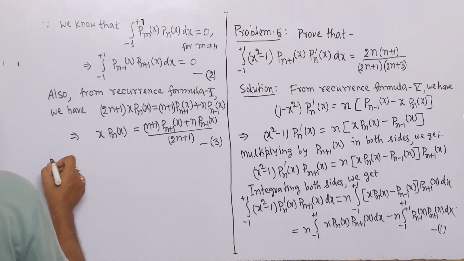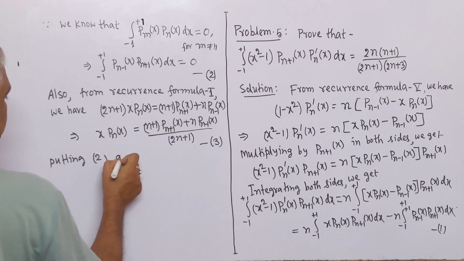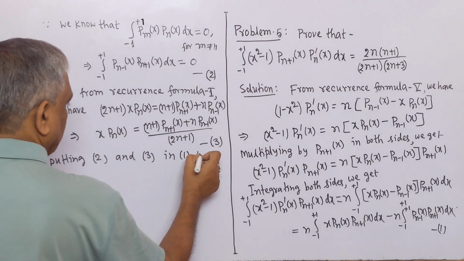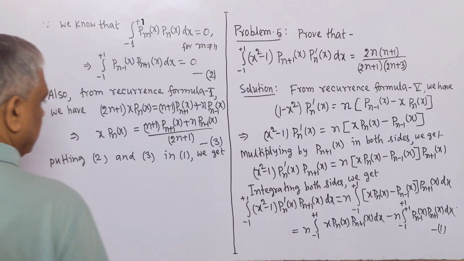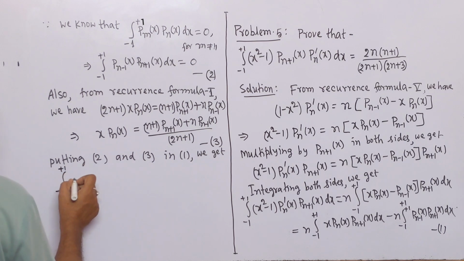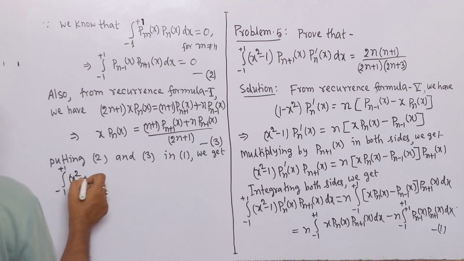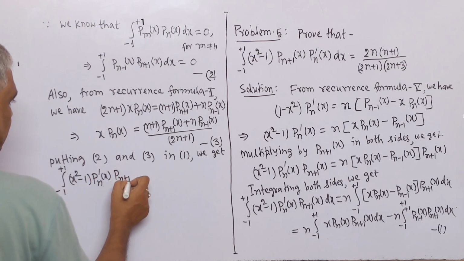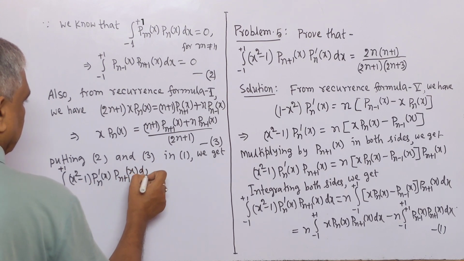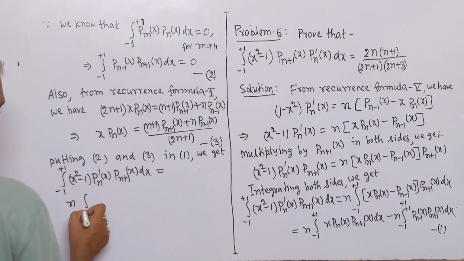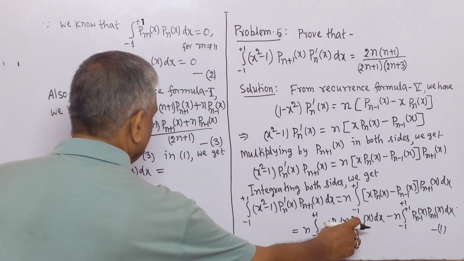Putting 2 and 3 in 1, we get the integration from minus 1 to plus 1 of (x square minus 1) Pn prime(x) Pn plus 1(x) dx equals the integration from minus 1 to plus 1 of x Pn(x).